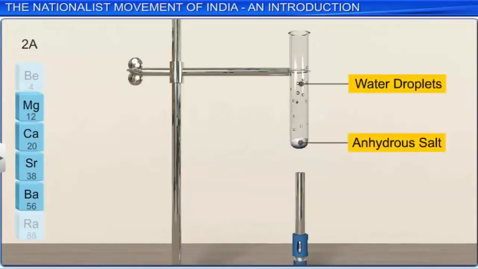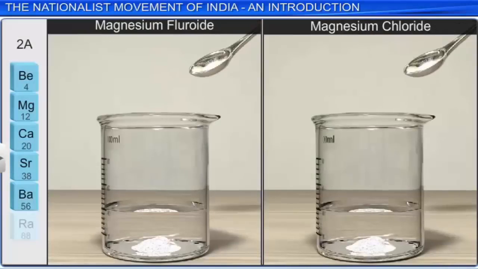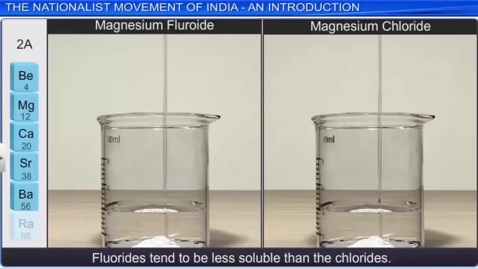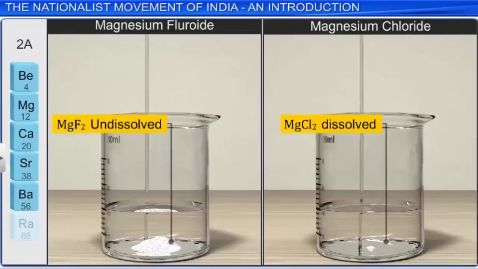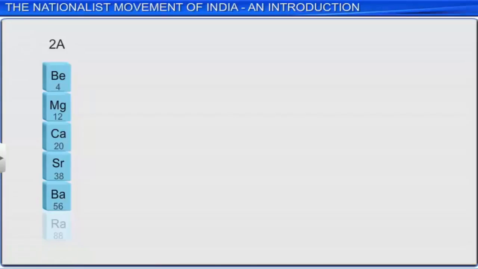These salts can be dehydrated upon heating, leaving anhydrous salts. It should be noted that beryllium and magnesium salts will undergo hydrolysis upon heating, though, in general, the fluorides tend to be less soluble than the chlorides because of the higher lattice energies associated with the fluoride salts.